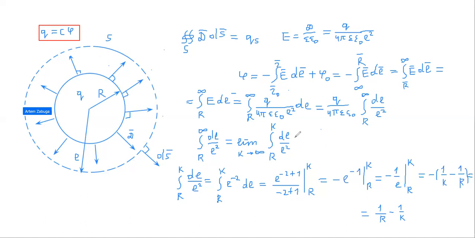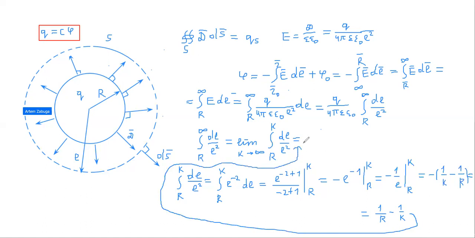No questions. So here we have that it is equal to the limit, K tends to infinity, of 1 divided by R minus 1 divided by K. And a number divided by infinity is 0.